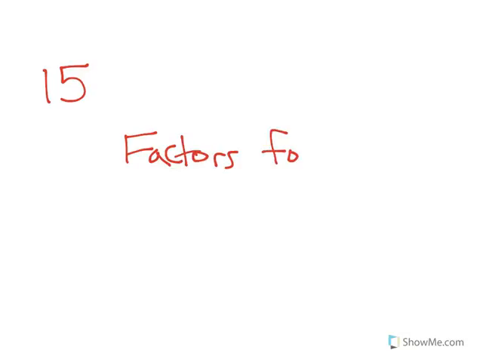So as another example here, if I have the number 15, the factors are going to be what I can do to multiply. They're just going to be listed.